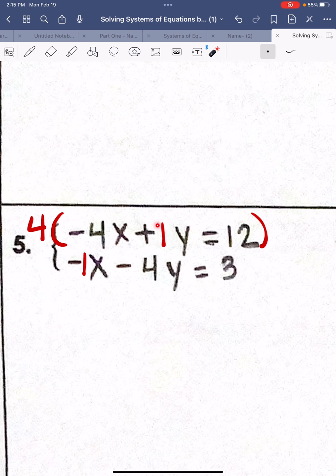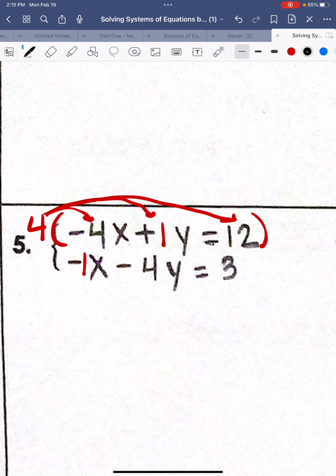But I can change this to a positive 4 so I can create the pair that cancels. So I need to multiply. I need to distribute this 4 to everybody, including the 12 on the other side of the equal sign. Because if I'm multiplying this side by 4, I better multiply this side by 4 as well. And that's a big mistake that I'm always going to see with y'all.